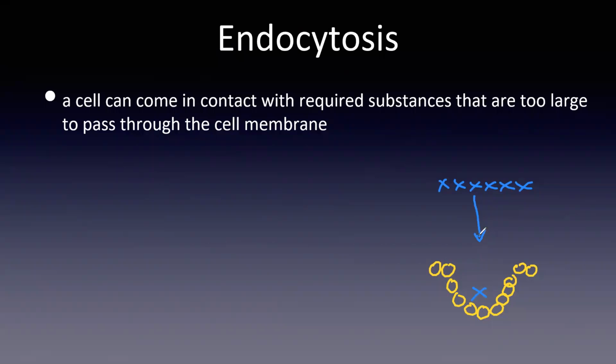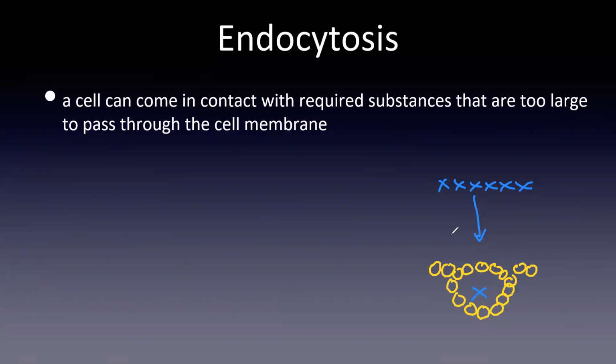That's kind of what happens for endocytosis. So a cell can come into contact with something, say it's a food particle that's too large. So the cell itself will create a pocket around here, and then it'll engulf that particle and then bring it inside the cell.